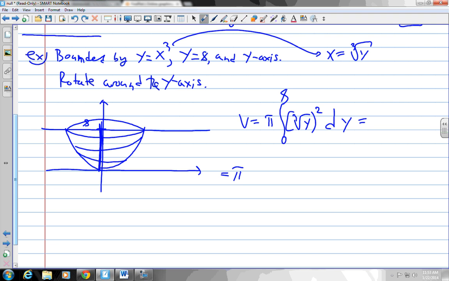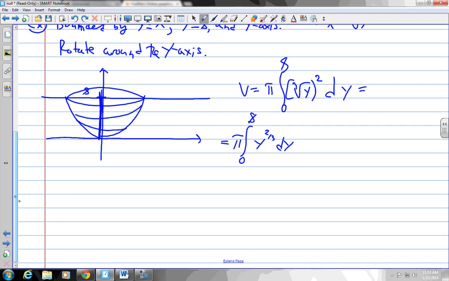So that's pi times the integral from 0 to 8 of y to the power 2/3 dy. So what do you get? y to the power 5/3, so that's 3 pi over 5, from 0 to 8, right?